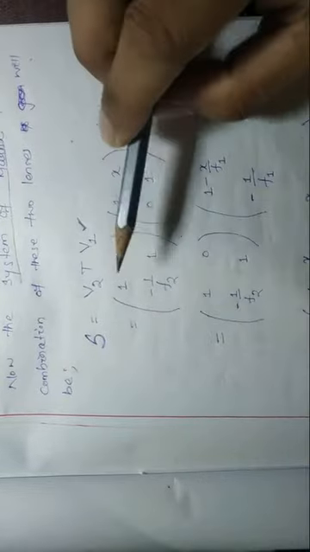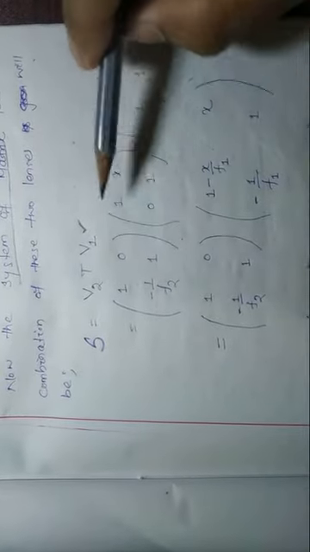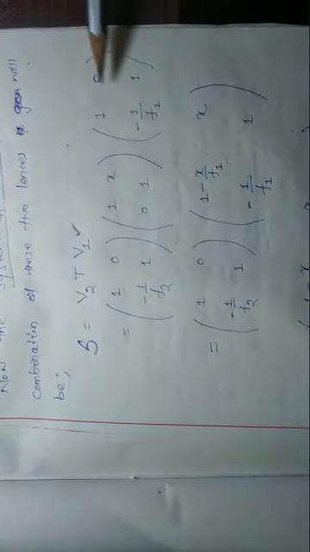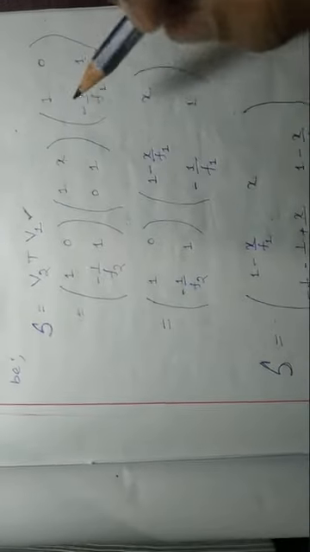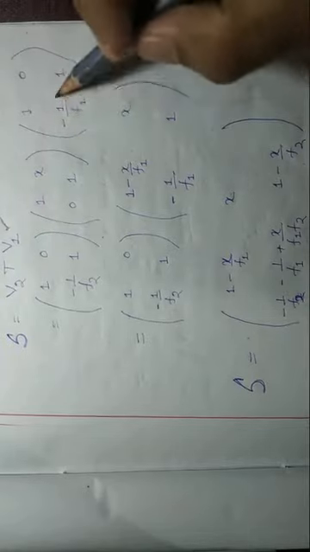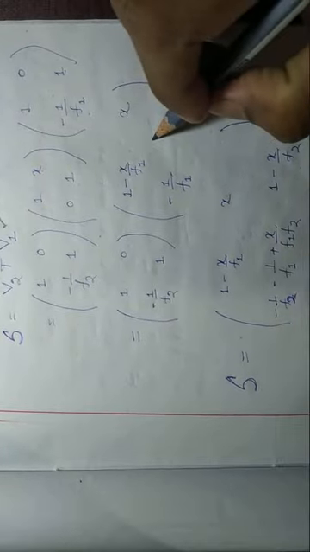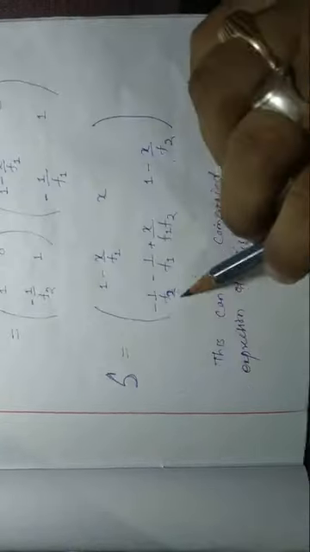So V2 is 1 0 minus 1 by F2 1, then 1 x 0 1, then 1 0 minus 1 by F1 1. When I multiply these two matrices, we get this one. Multiplying again these two matrices, we get this one.